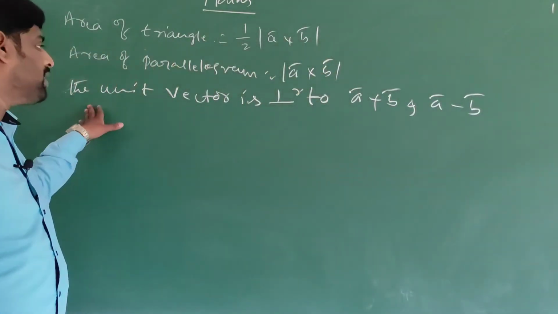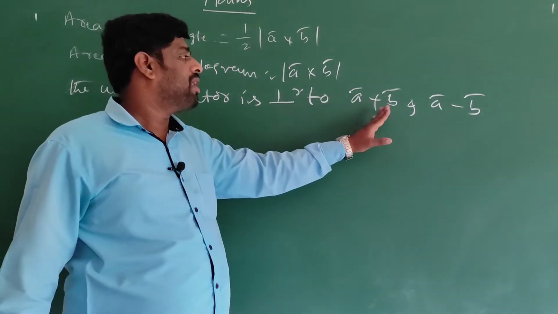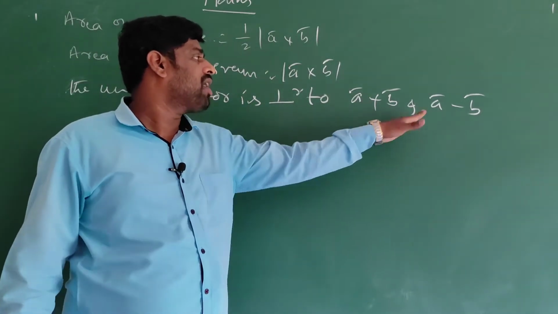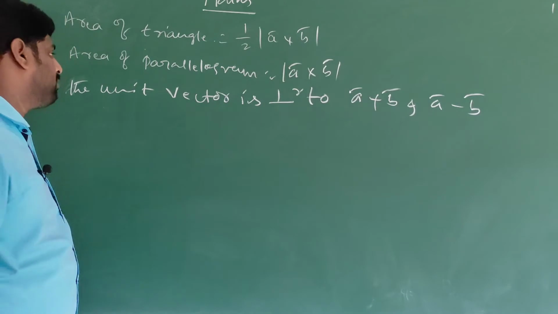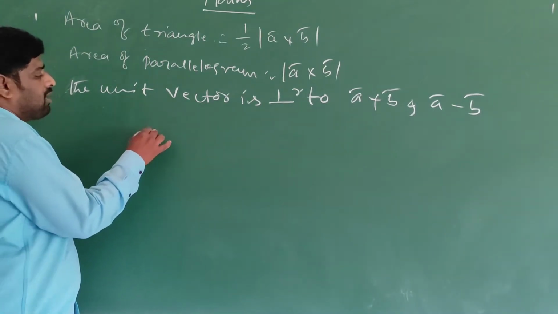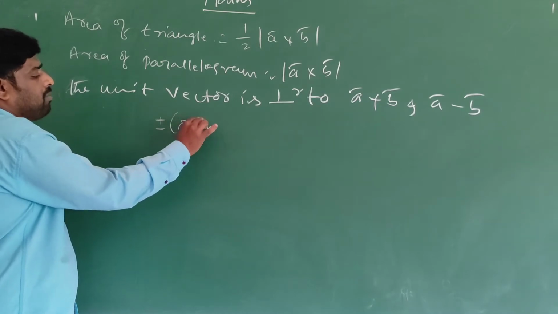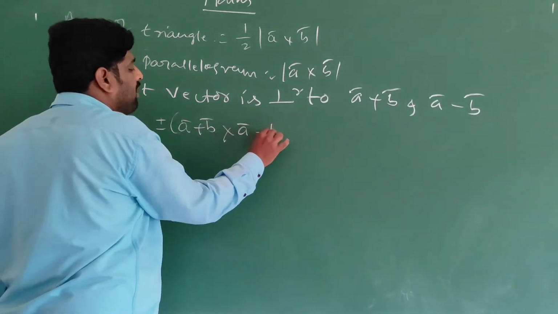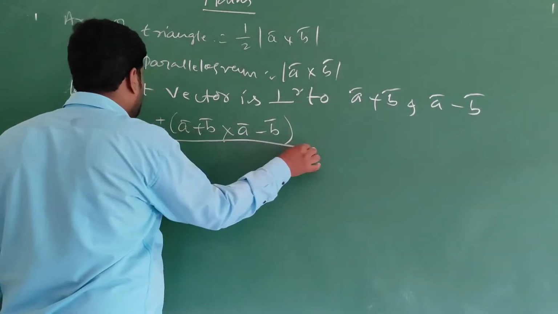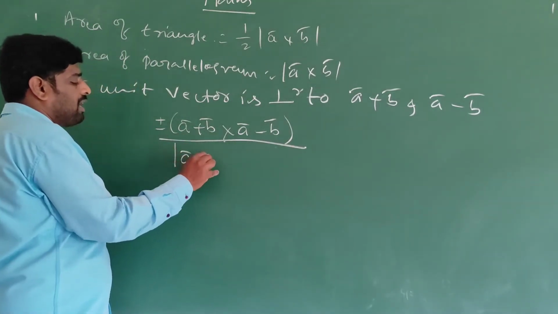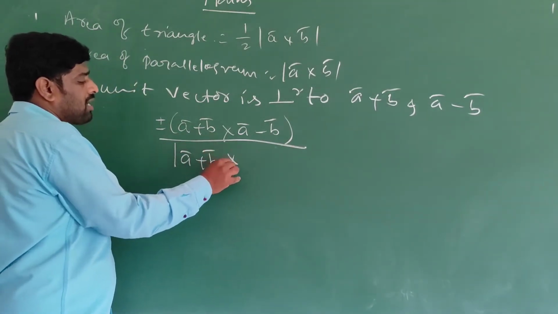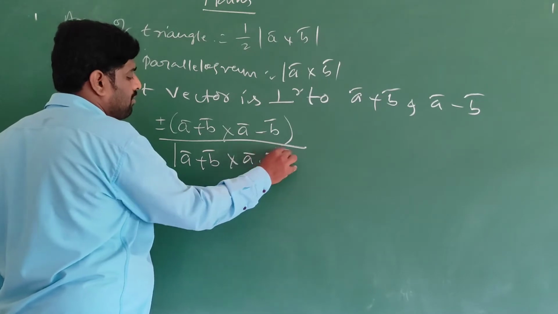So that is plus or minus a bar plus b bar cross a bar minus b bar, divided by the magnitude of a bar plus b bar cross a bar minus b bar.